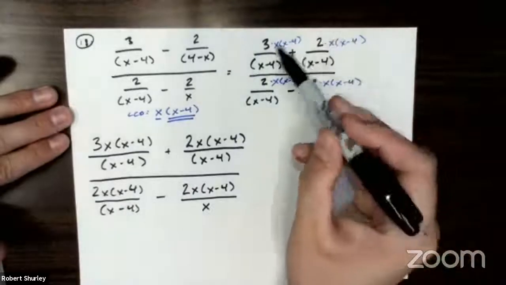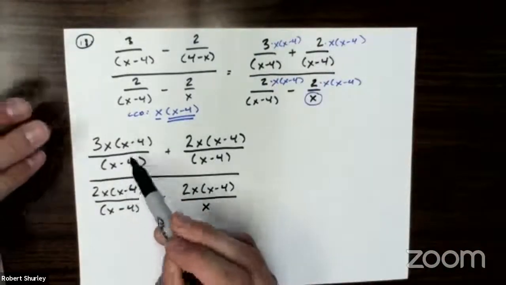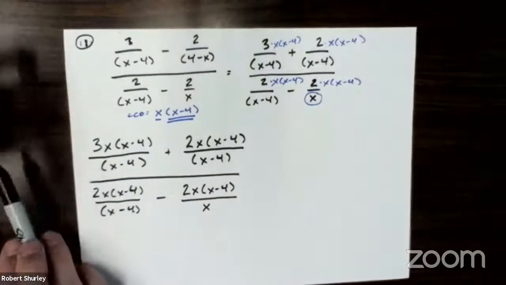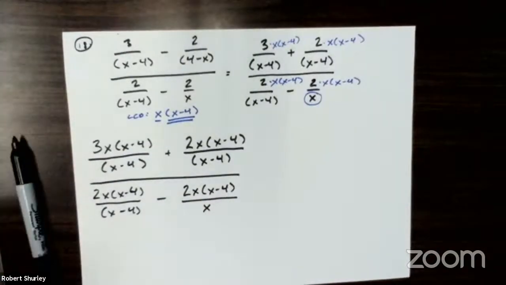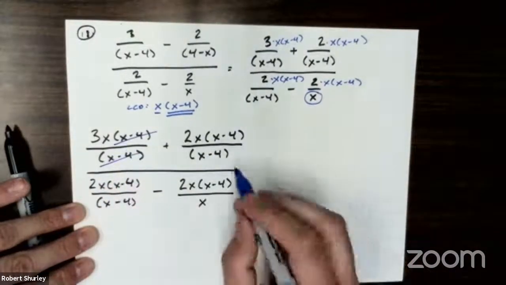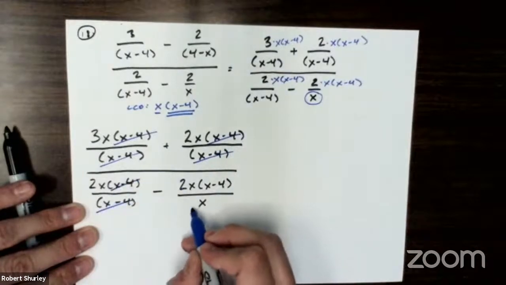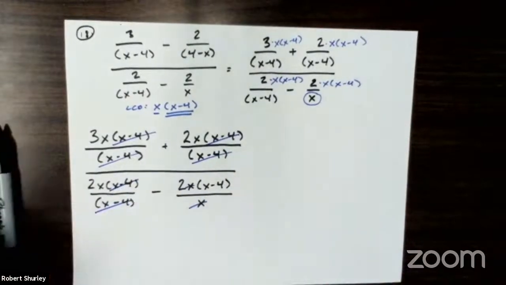Okay, so that's just multiplying x times x minus 4 into all three of these. Notice we've kind of smushed it into each numerator. Now we've got to cancel, though, with the common denominator. Look, this x minus 4 cancels with that x minus 4. Same thing here, and same thing here. Now here, though, that's different. It's only an x, so we only cancel that one x there.